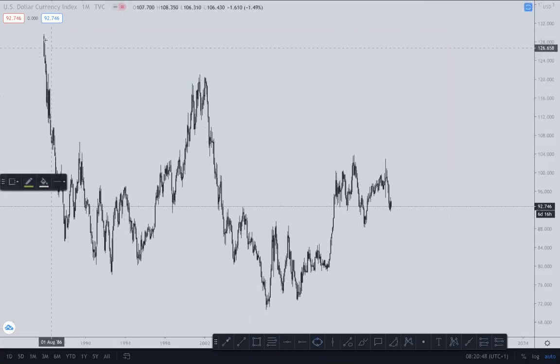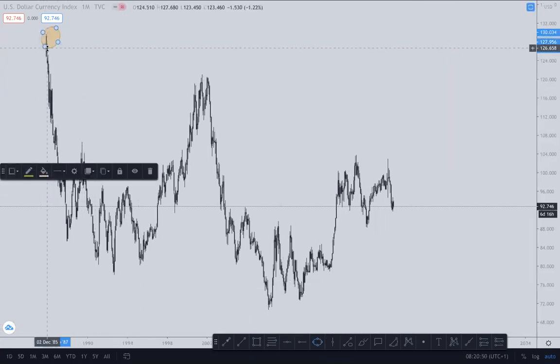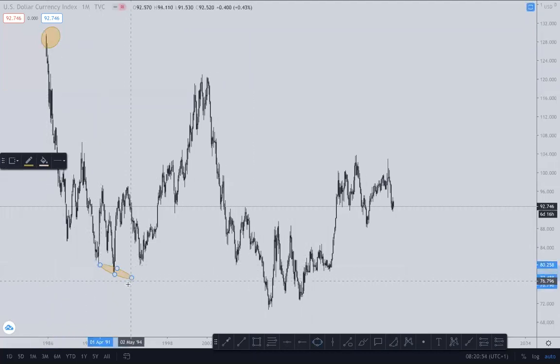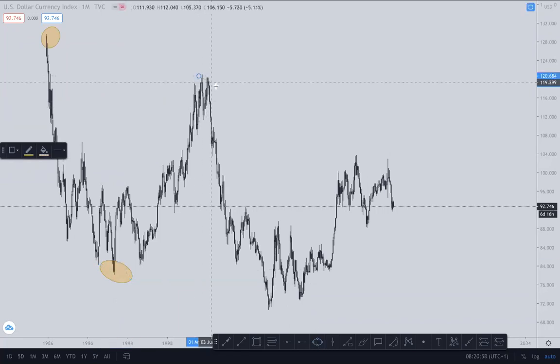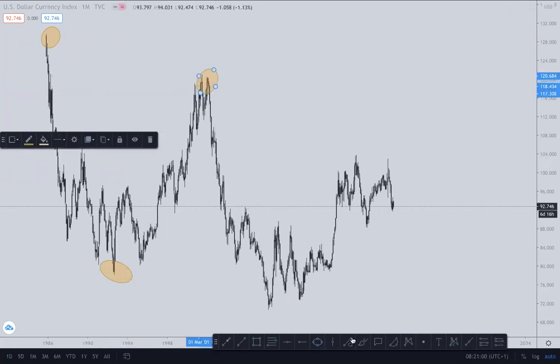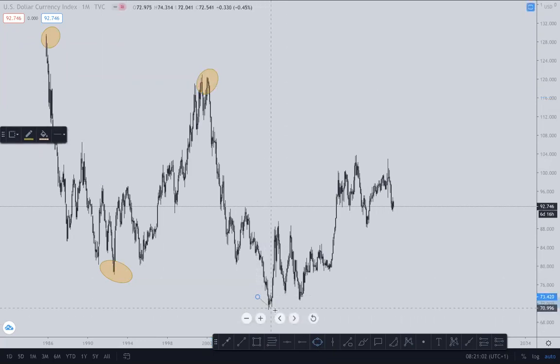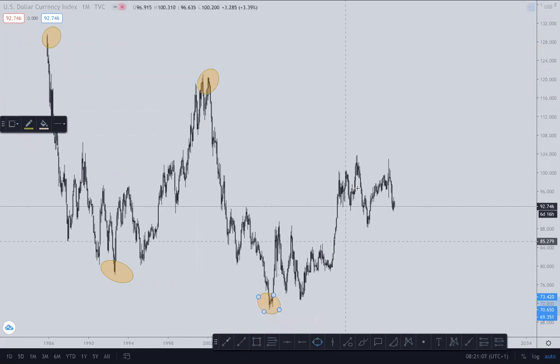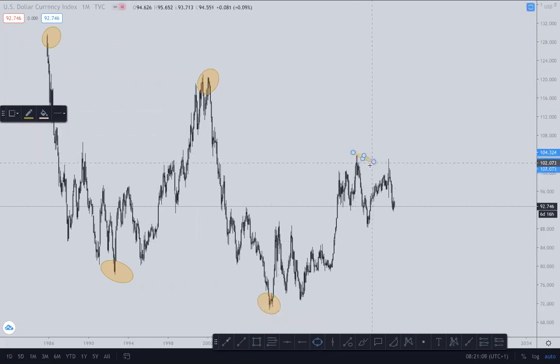If you look from here, price came down here. So this low created this high, and this high has created this low. So what are we creating? In the chat box, if you know it, feel free to put it in. What are we creating?